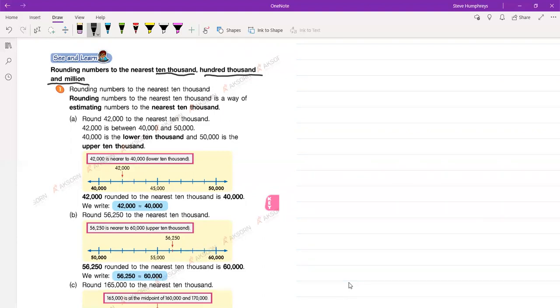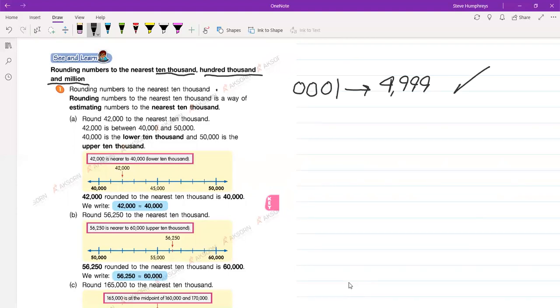Okay, so if you're going to round numbers to the nearest 10,000, we need to look at the last 4 digits. So let's see what they are. It will be between 1 and 4,999.